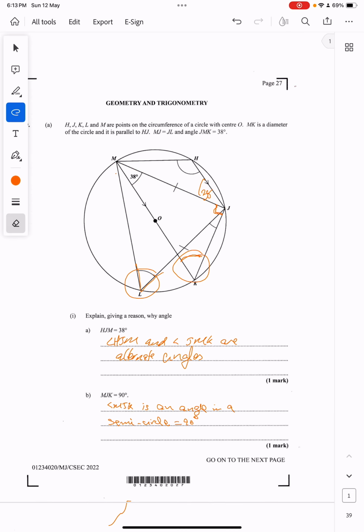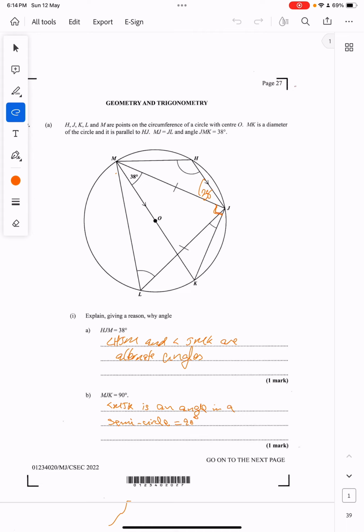So in triangle MGL, we have that LMG is equal to GLM because it's an isosceles triangle, right?